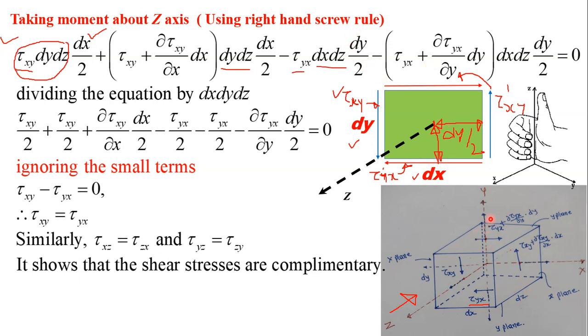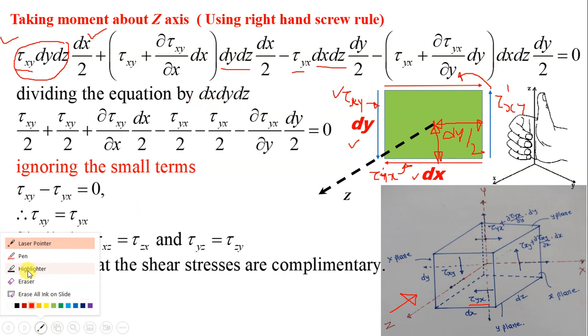Similarly, the moment of this stress about z axis is stress into the area on which it is acting, so stress into dx into dz into the distance. This is the distance dy by 2, and the sum must be equal to 0 for equilibrium. Now let us divide the above equation by dx into dy into dz.